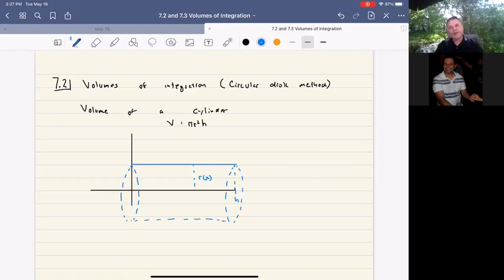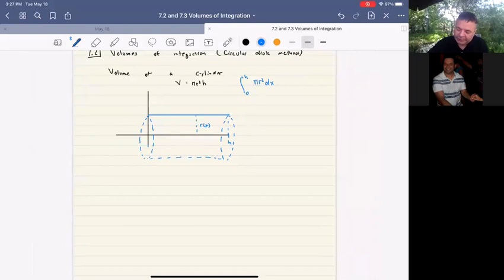So a way that we could have gotten this cylinder is by taking the integral from 0 to h of pi r squared dx, okay? Where, what we're going to do is we're going to generalize this, and we're going to think of r like r being something variable, okay?